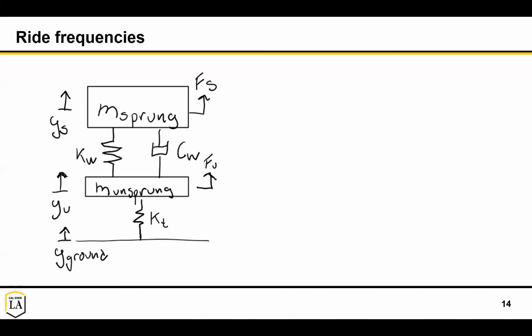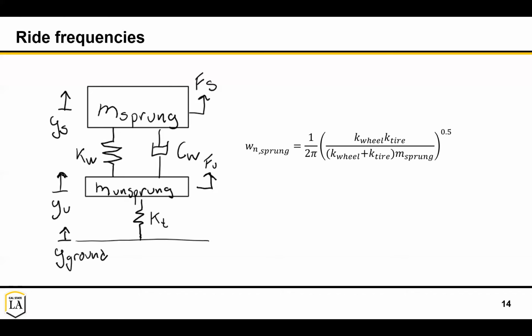And what you'll typically find is you want to minimize your unsprung mass, because it's hard to control, since you don't have much control over your tire stiffness, and it's also more mass to control in the system. So that's one key thing that's important: not only reducing mass, but reducing the unsprung mass.